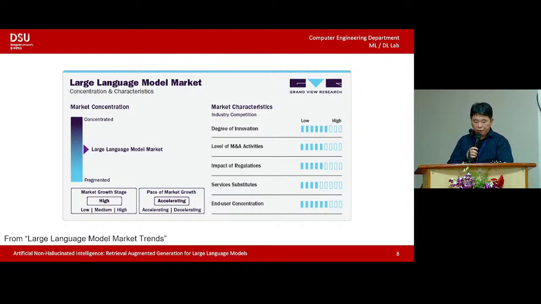The availability of vast internet data is another significant factor propelling the LLM market, enabling models to learn from diverse sources and improve performance across various language tasks.